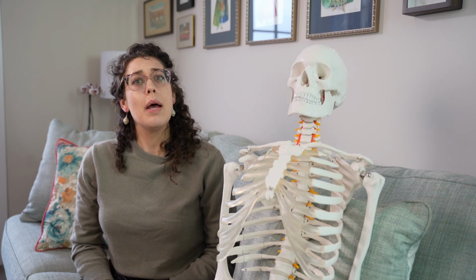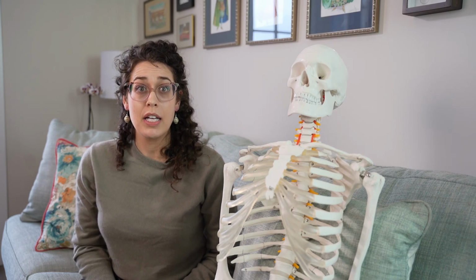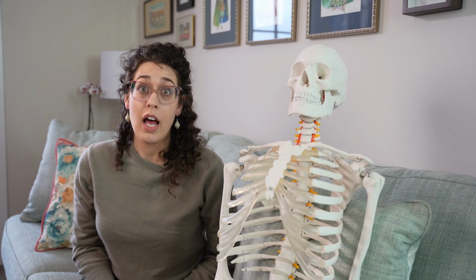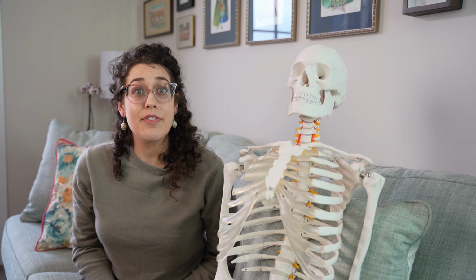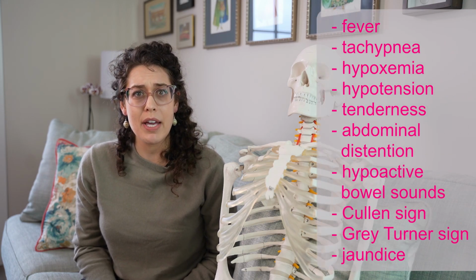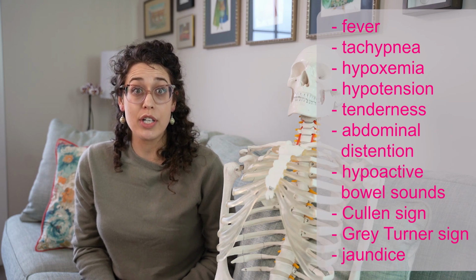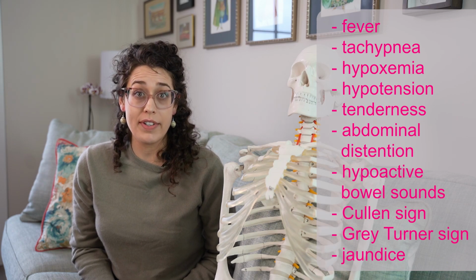On exam, patients with pancreatitis may have mild or severe pain depending on the severity of the disease. In severe pancreatitis, you may see fever, tachypnea, hypoxemia, hypotension. There may be tenderness in the epigastric region, or in severe cases, diffusely all over the abdomen.